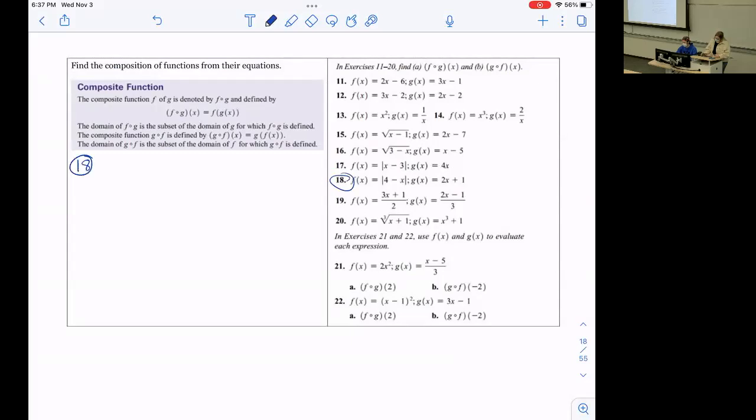All right, so we have f of x equals the absolute value of 4 minus x, and g of x equals 2x plus 1. So we're going to be finding f of g and g of f.